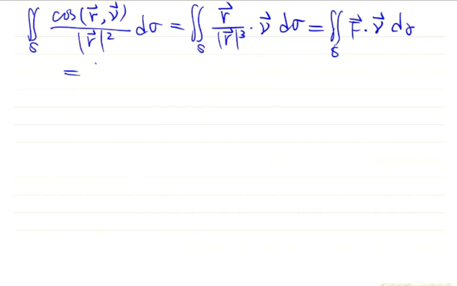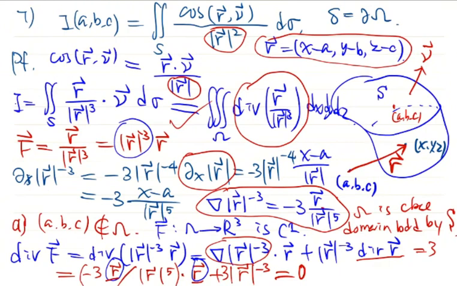So this is the divergence of F. But the divergence is 0. We just computed that the divergence is 0 at the very end, at the bottom of this page. Okay, so the result is 0.